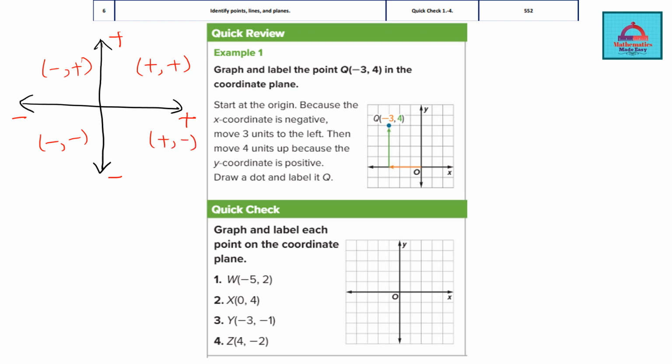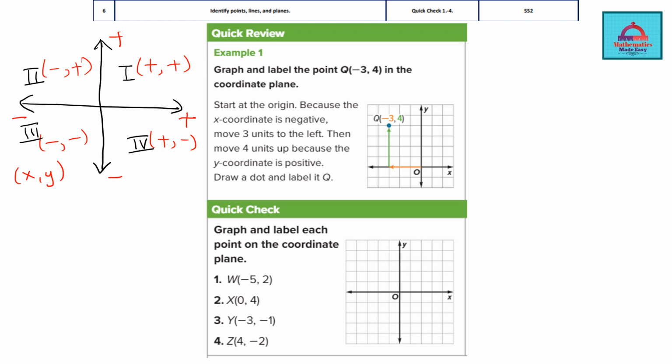So we first write the x coordinate and then the y coordinate. So this is called the quadrant system. I will change color and mark here in case you have forgotten. First quadrant, second quadrant, third quadrant, and fourth quadrant.